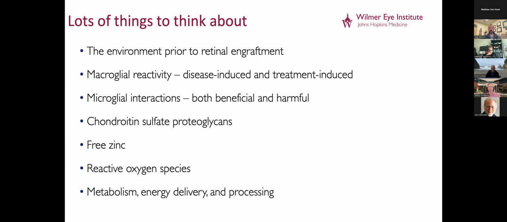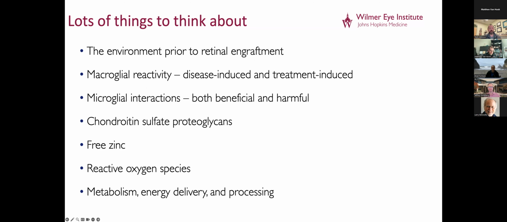Some of the longitudinal imaging experiments we've done in our lab suggest that the greatest drop-off in RGC number occurs in the first 24 to 48 hours after transplantation, which may be when the cells are trapped in the vitreous and may not have access to the oxygen and metabolic support that they need. So half the battle may just be getting the cells to a more supportive environment, which may be the retina, even though it may not be optimal.